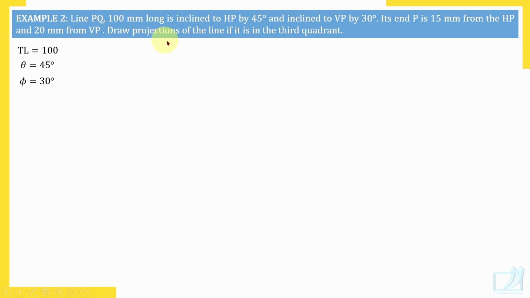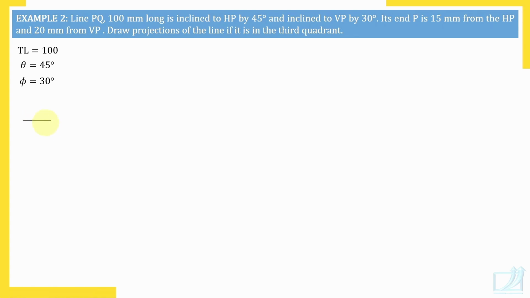Draw projections of the line if it is in the third quadrant. Okay, now we are sure that the line is in the third quadrant. That means all points on the line are in the third quadrant. It means this given point P is also in the third quadrant, in the sense top view above and front view below.